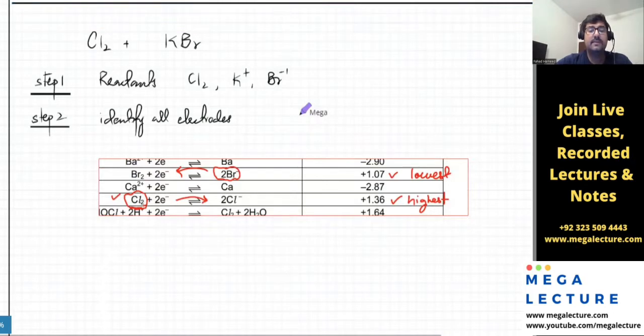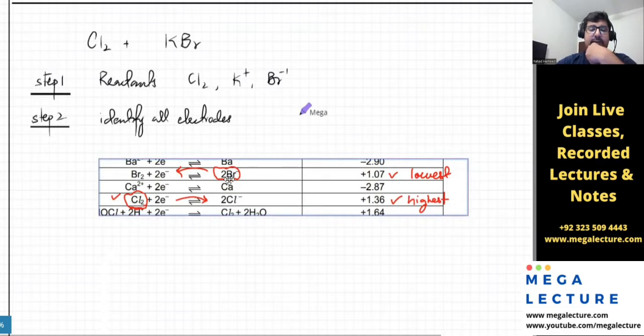The electrode value does not change. Remember, the electrode value is for the equilibrium. Whether it's forward or backward, the electrode value is the same. It will not change. But you look at the reactants. The products can be anything.